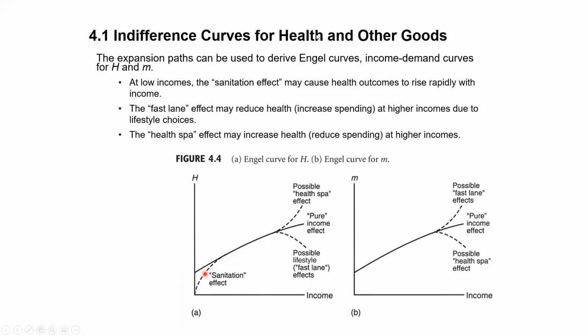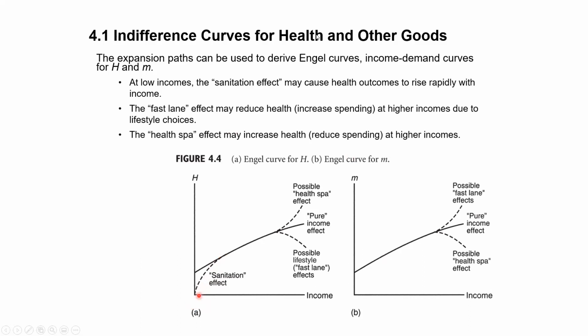And what figure A and figure B show to us is that when people start at low incomes, we have what we call the sanitation effect. And when the people who start off with low income have improvements in terms of income, there's a rapid increase, no?